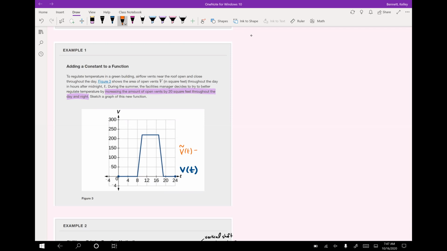So really what I'm talking about is V tilde, to differentiate it from V, which is V of T plus 20. That just means that everywhere this graph is, I'm just going to move it up by 20. So that's just like point by point.